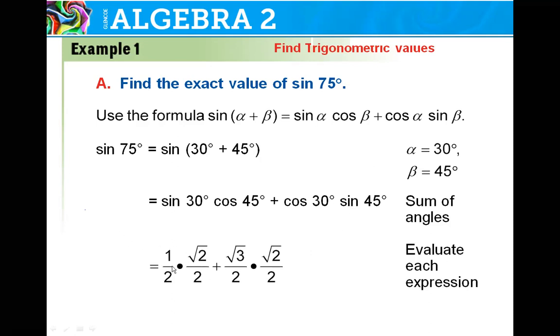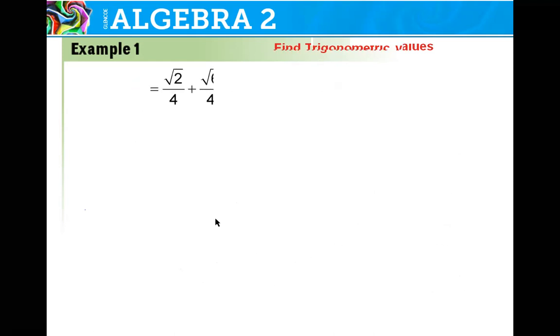So directly you get the answer by multiplying: half times root 2 over 2, plus root 3 over 2 times root 2 over 2, and you get the result, which is root 2 plus root 6 over 4, after cancellation and simplifying.